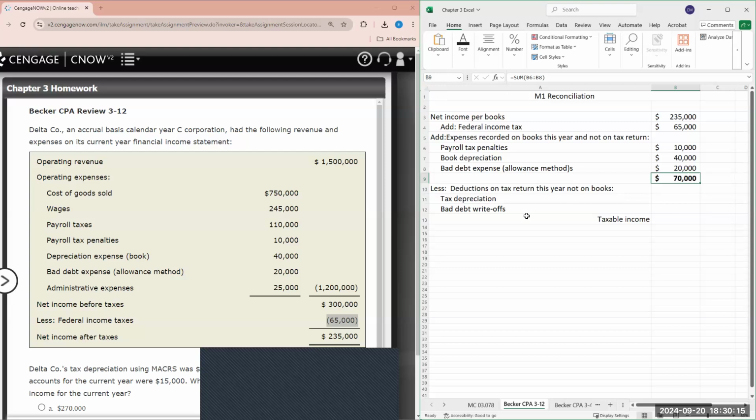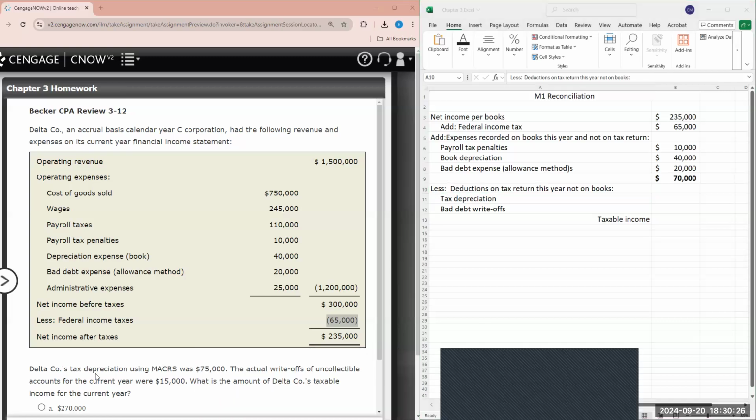And then the next step, we need to account for the deductions on the tax return this year that's not reported in the financial statement. So if we look at this information here, it says Delta Company's tax depreciation uses makers is $75,000. So this is the tax depreciation, again, that's reported on the tax return, but not on the books.